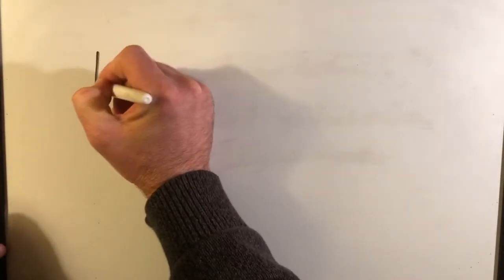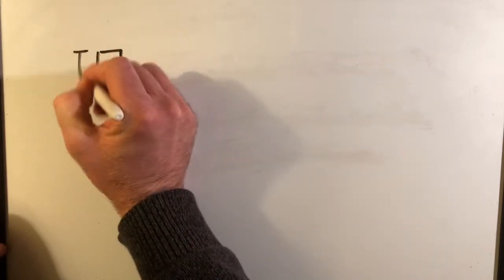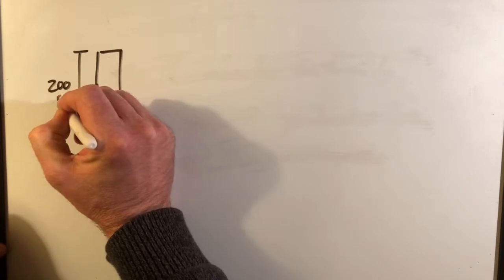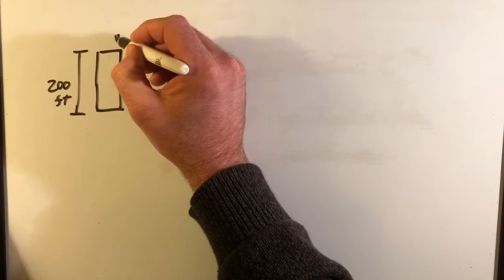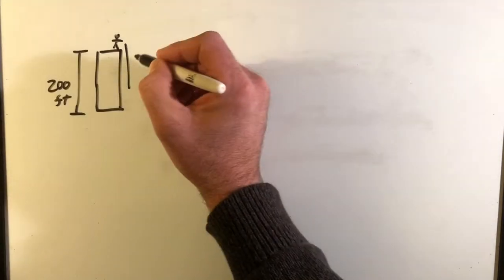So let's say you have a building, and the building is a certain height, let's just say 200 feet high. Let's say you have a worker at the top of the building and they're pulling a rope that's dangling over the edge.